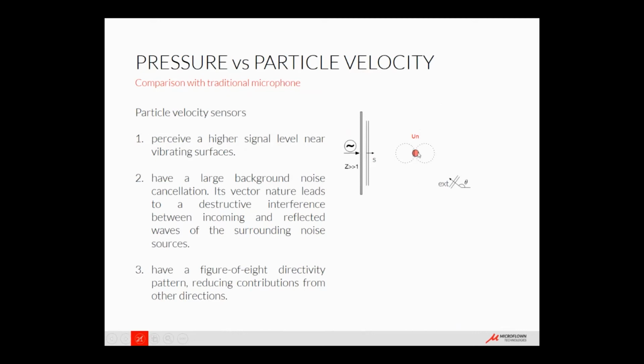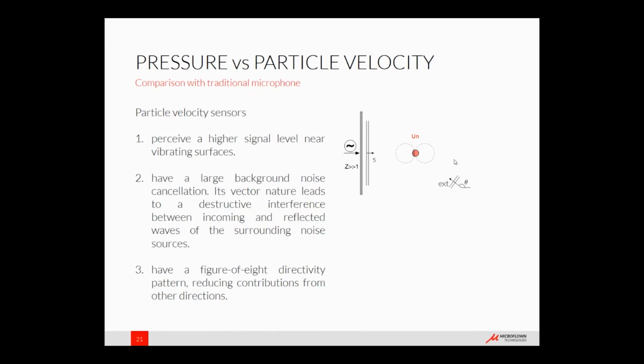Then it gains back sensitivity, and it will be sensitive from this side. However, as we mentioned, there's a 180 degrees phase differential between sound coming from this direction or from the other direction. And a really cool feature here as well is that it's preserved for the full frequency range.